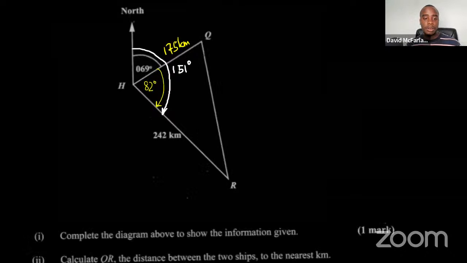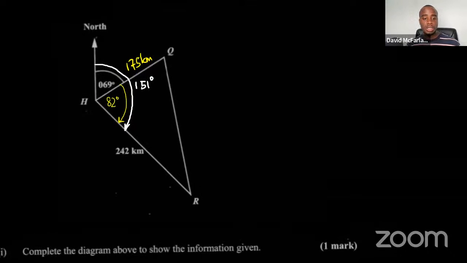So let's look at our information. We want QR, which is going to be right here. So that is QR. I want a side. When I think in sides, I'm thinking either one of the trig ratios, or the sine rule, or the cosine rule. It's not a right angle, so I know I'm going to have to use one of the rules.